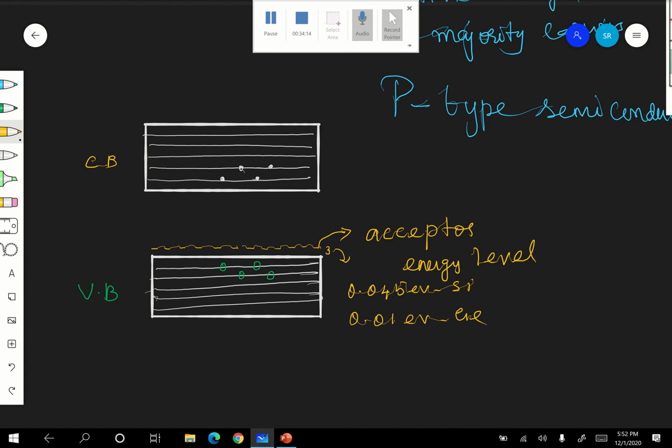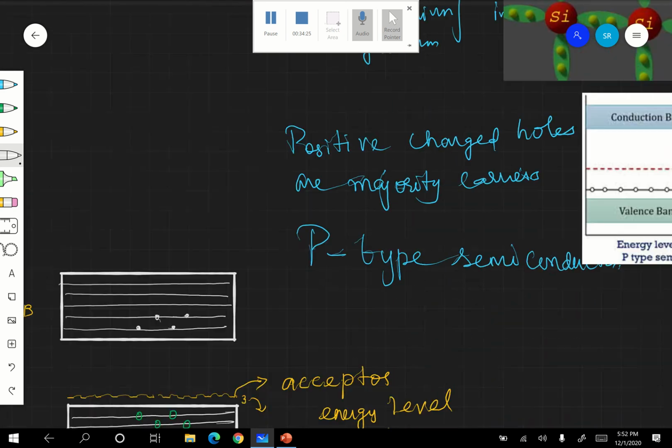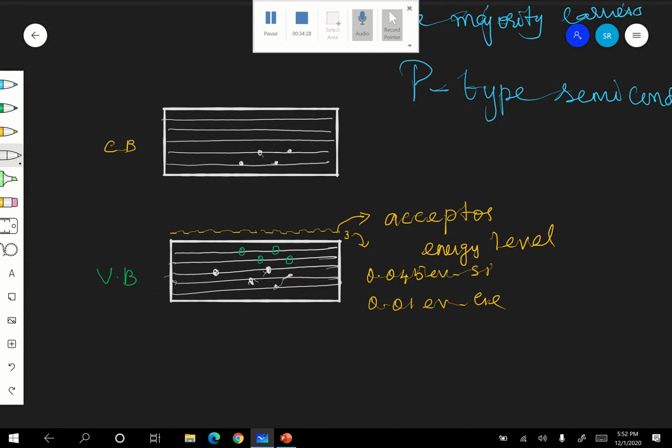The valence band is filled with electrons, so I have to draw that here too. All these electrons have no need to jump to the conduction band now. Why? The acceptor energy level is readily there, and it accepts them. Come here, electrons. All these electrons will jump into this energy level, because it is accepting electrons.